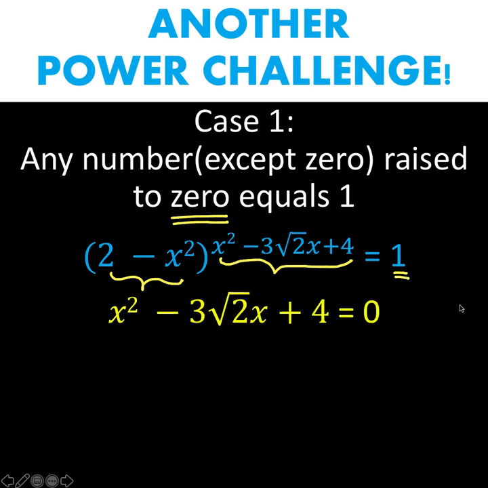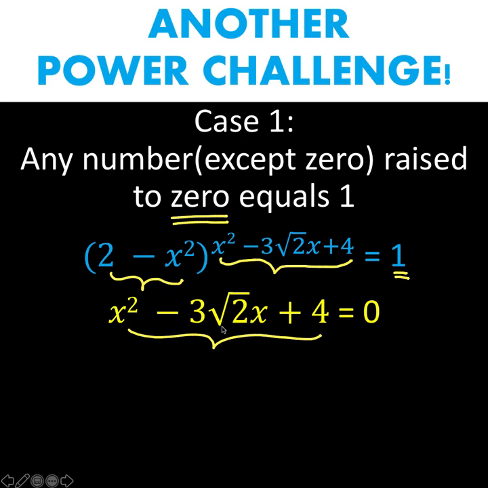So we can now equate this exponent, x squared minus 3 square root of 2 x plus 4, to 0. When that exponent is 0, we know that the left-hand side of the equation is equal to 1.